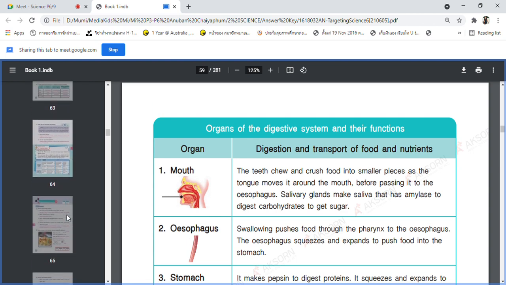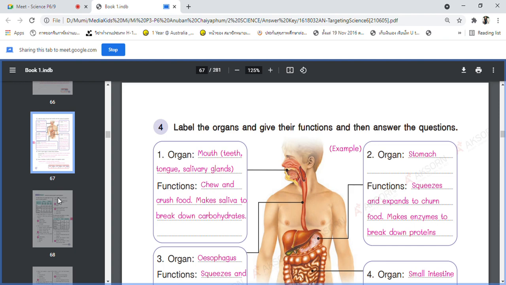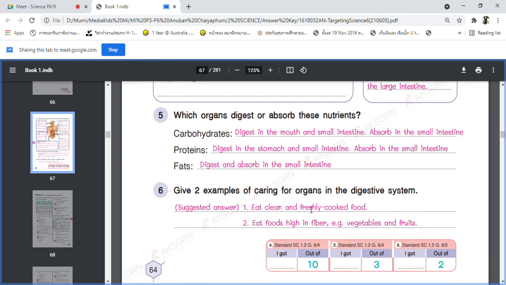There are 3 pages of tests, pages 65, 66, and 67. I won't open it for you, so you will not see the answer. Each has 20 items, 20 points. Okay, you do it now.